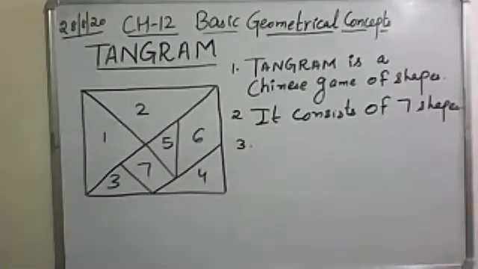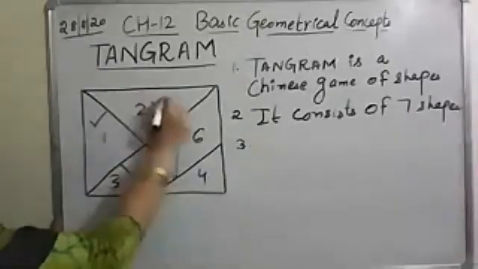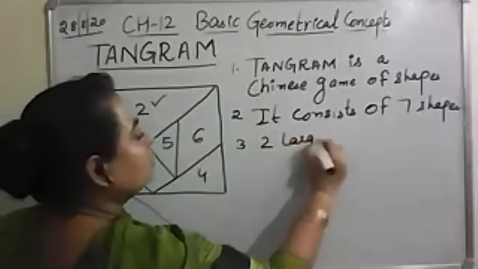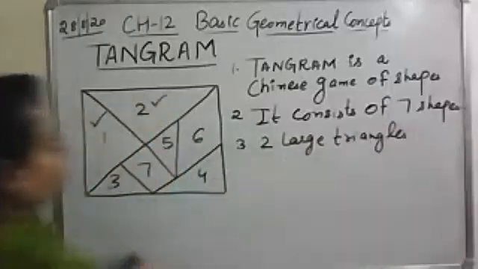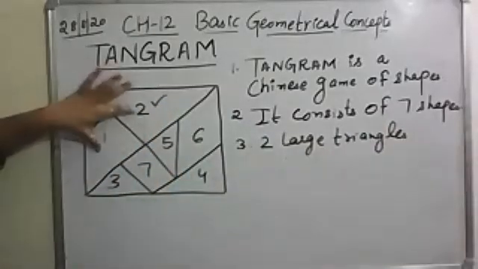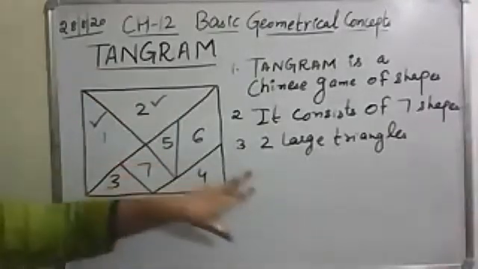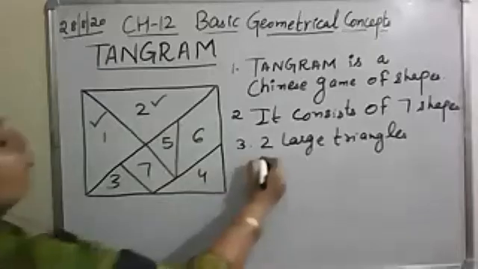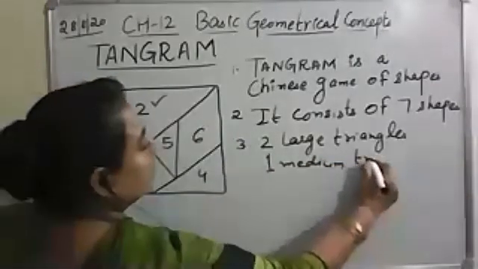Next, it has 2 large triangles. These 2 triangles are large, number 1 and number 2. In tangram, you have 2 large triangles. Then one medium triangle.